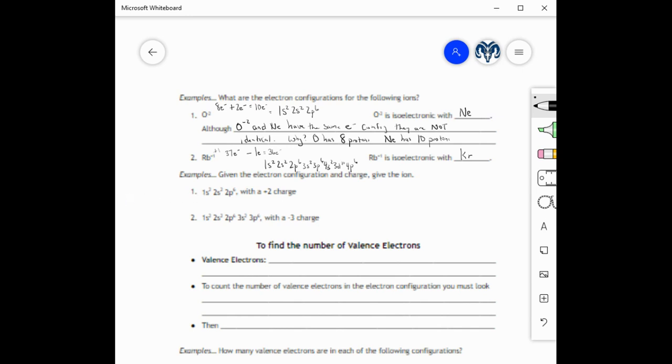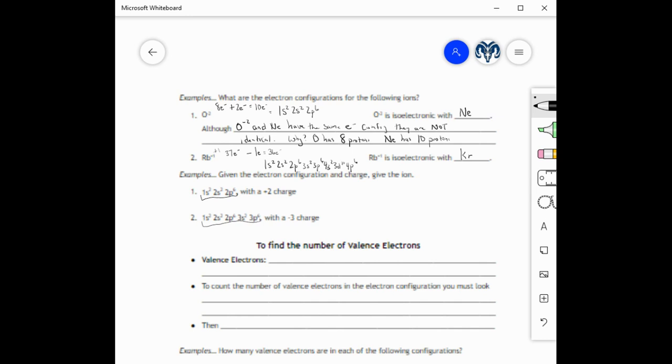All right. So, let's see. If we look at these electron configurations, what I'm basically doing is, we need to know the ion. So I have this with a +2 charge.